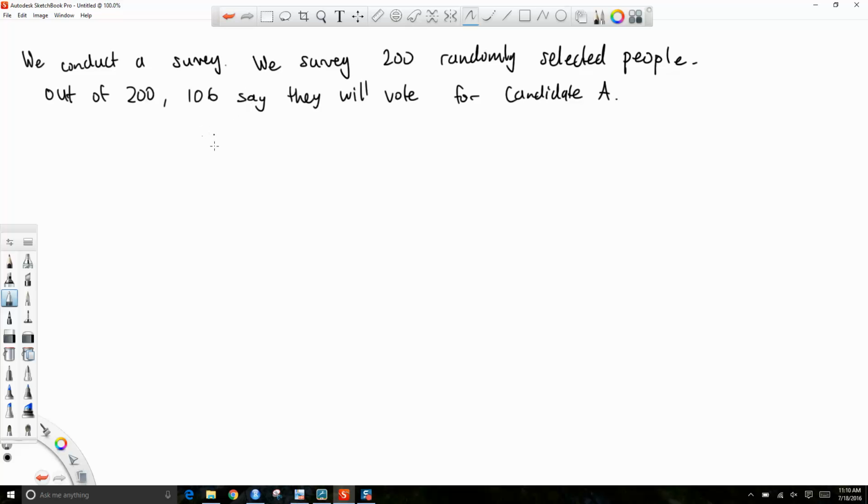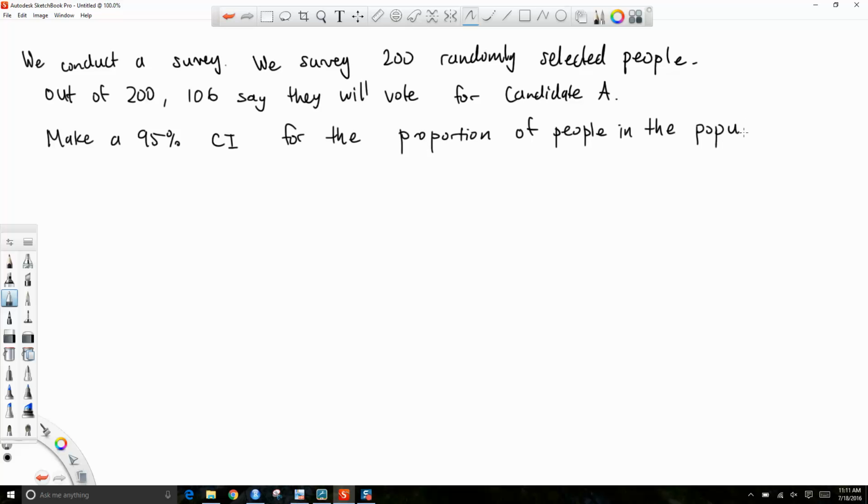Okay. So we'll say make a 95% confidence interval for the proportion of people in the population who will vote for candidate A. Okay, so what should our first step be?